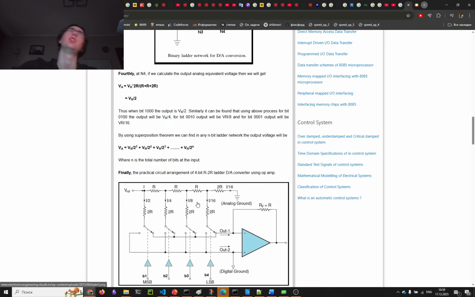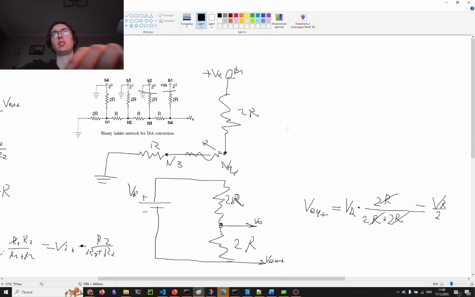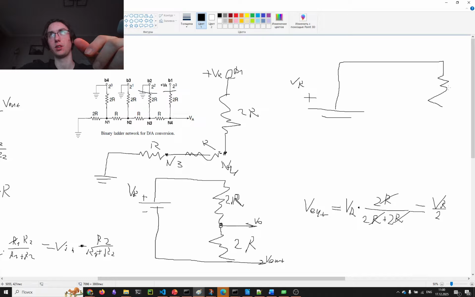So 3R and 1R again. So actually, if I'm not mistaken, we would get something like that: 3R here, 3R here, then 1R here.